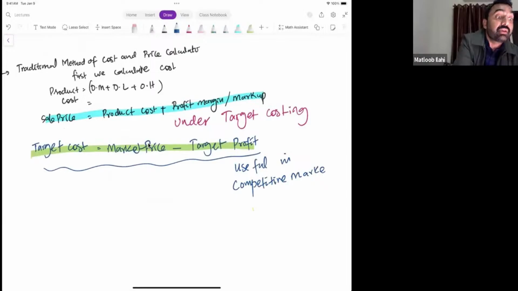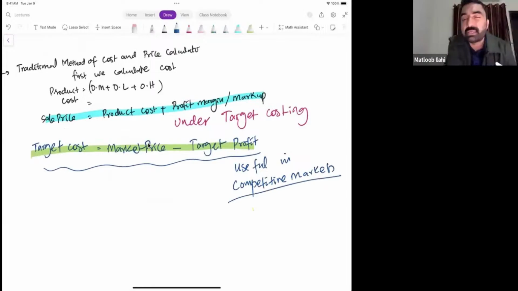You might be thinking, what are competitive markets? Competitive markets are those where a large number of sellers are already selling their products or services. Okay, a large number of sellers are there, and there's a lot of competition in the market.